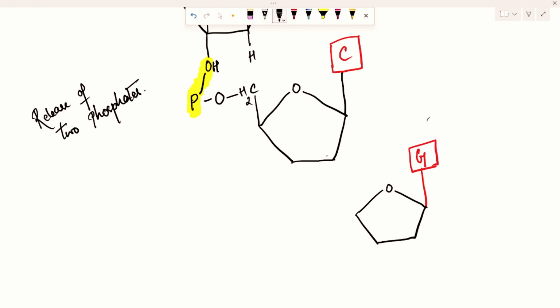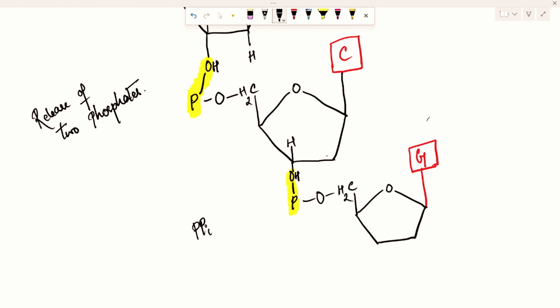This will also have CH2O, phosphate, phosphate, and phosphate. And this will have an OH over here. Again, the bond will form between this O and this phosphate. And these 2 phosphates will be released as PPi.